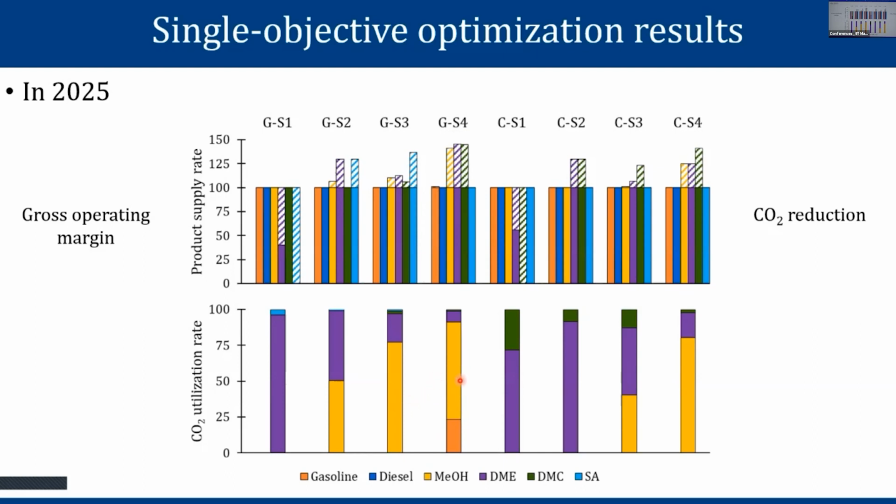And in the case of gross operating margin maximization, gasoline is also selected as a part of the optimal solution. So here we can see that as we consider different market competition scenarios, the optimal product portfolio changes quite a lot.